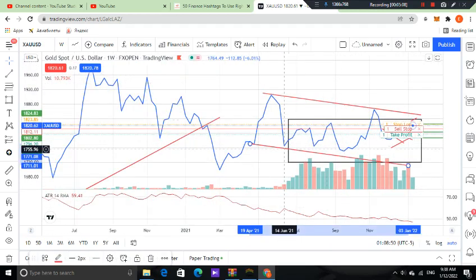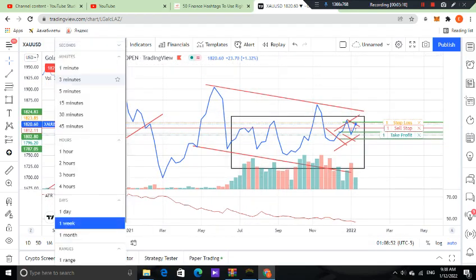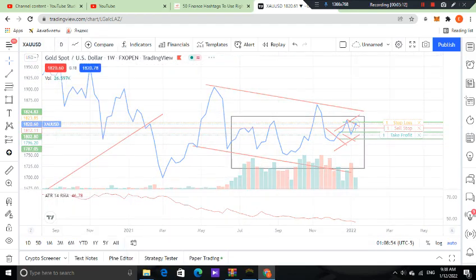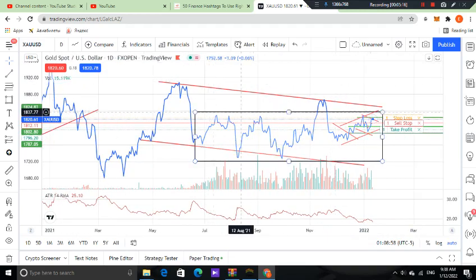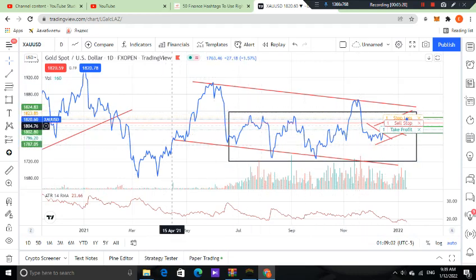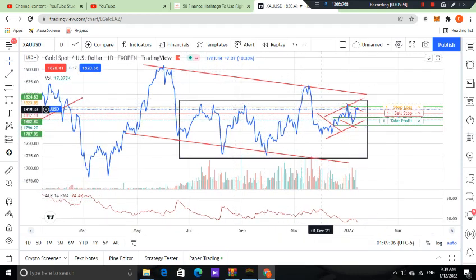And yes, okay, let's go to a lower time frame. In a lower time frame, you can also consider a trading range within this bearish channel.